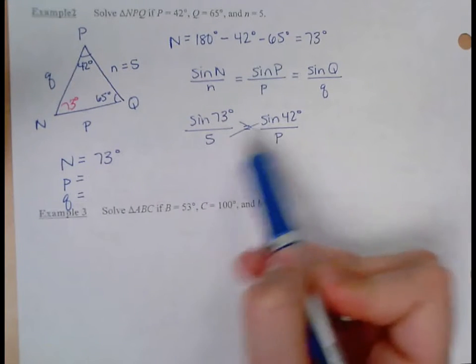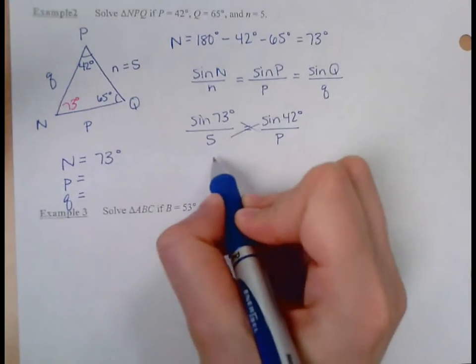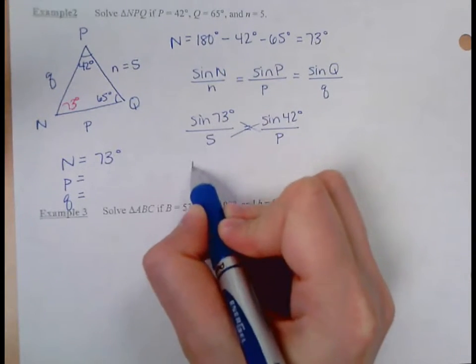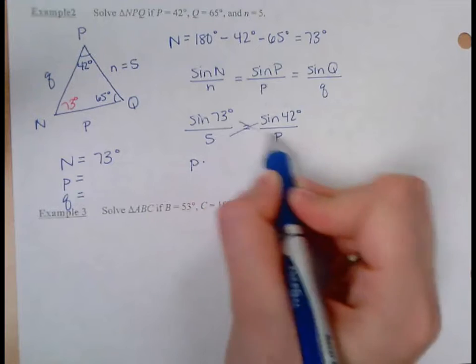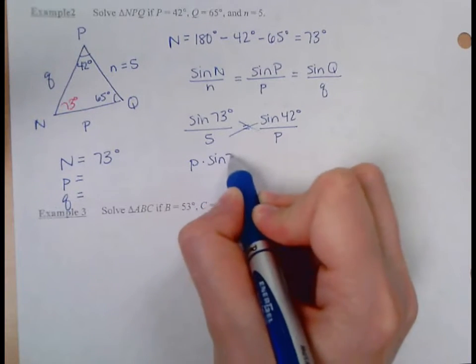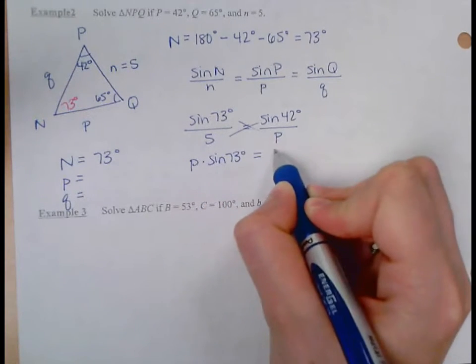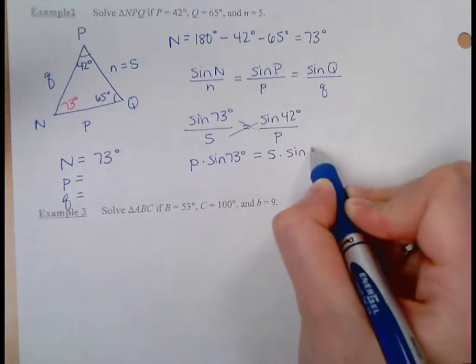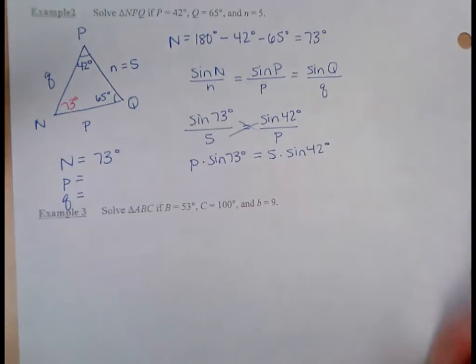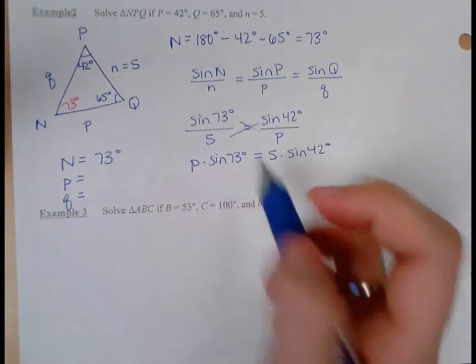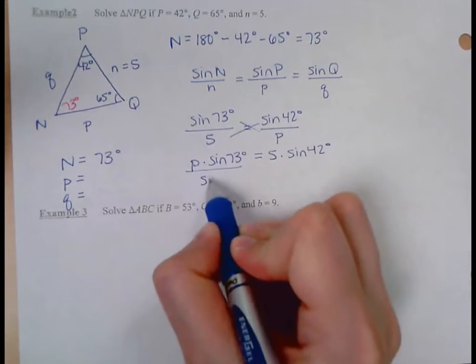So this product here would be P times sine of 73 degrees should equal 5 times sine of 42 degrees. And then to solve for P, I just have to divide by sine of 73.